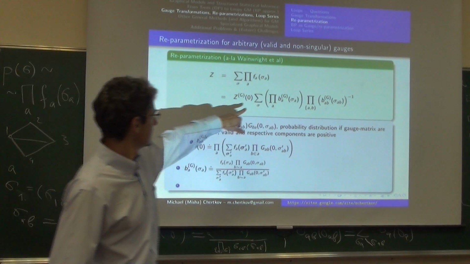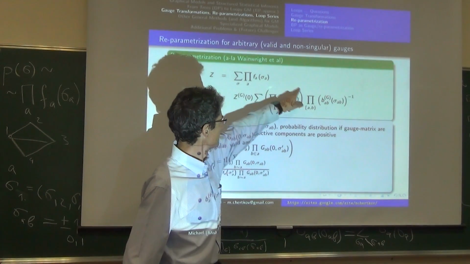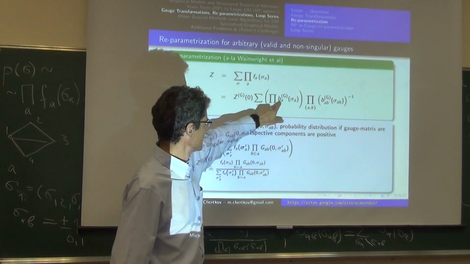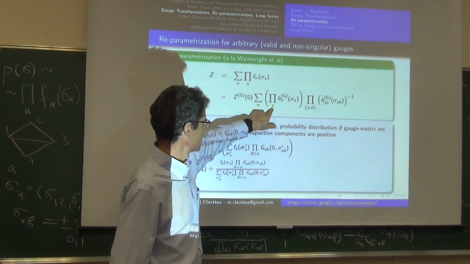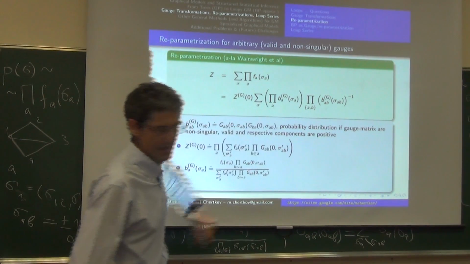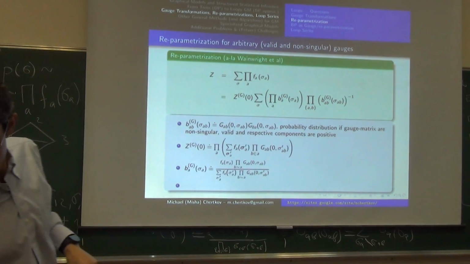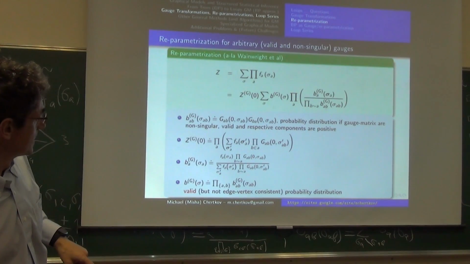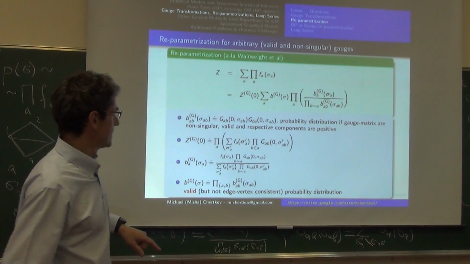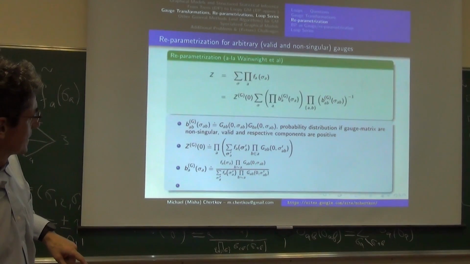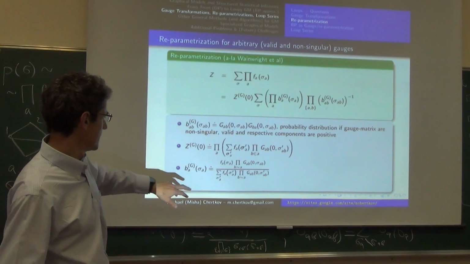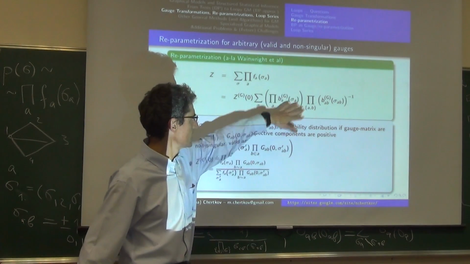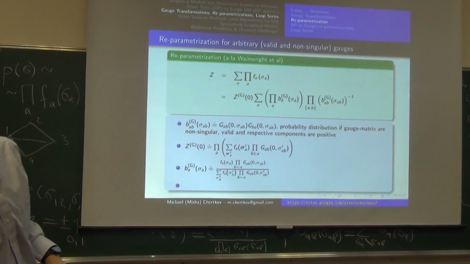So I have this format, and what I have here is a product of probabilities BA associated with vertex A. Maybe I should make it a little more clear. It will be another multiplication and division, which brings me from this slide to the next slide.